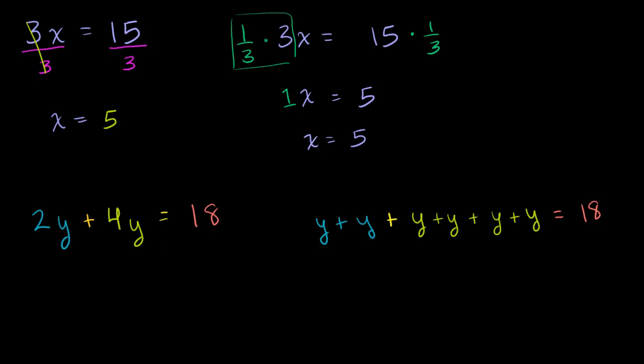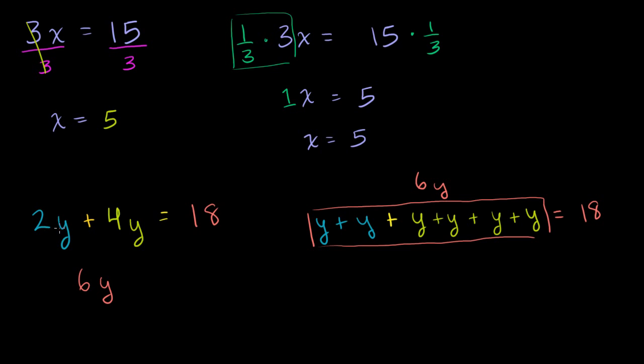And if you think about it, it makes complete sense. The 2y plus the 4y is 6y. So 2y plus 4y is 6y, which makes sense. If I have 2 apples plus 4 apples, I'm going to have 6 apples. If I have 2 y's plus 4 y's, I'm going to have 6 y's. Now that's going to be equal to 18.